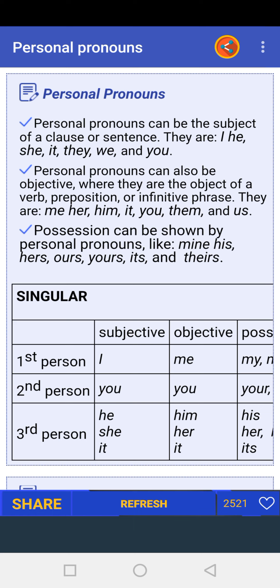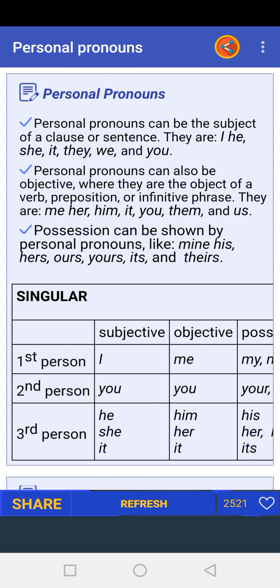They are me, her, him, it, you, them, and us. Possession can be shown by personal pronouns like mine, his, hers, ours, yours, its, and theirs.